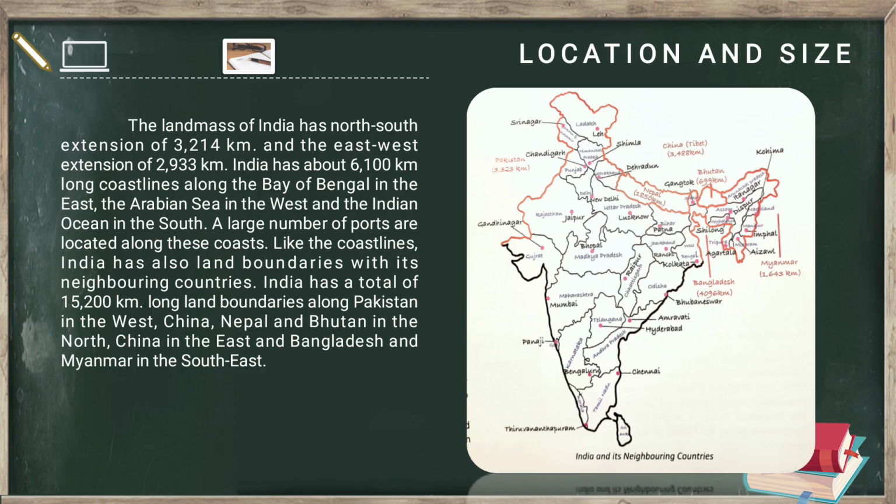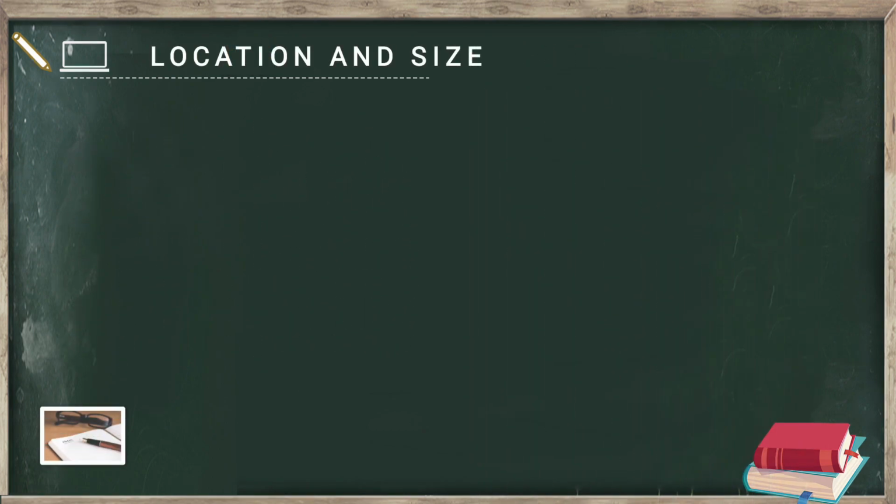And Bangladesh and Myanmar in the east. So this is the land area of our country, our extension from the east to the west, and how long the boundary is.